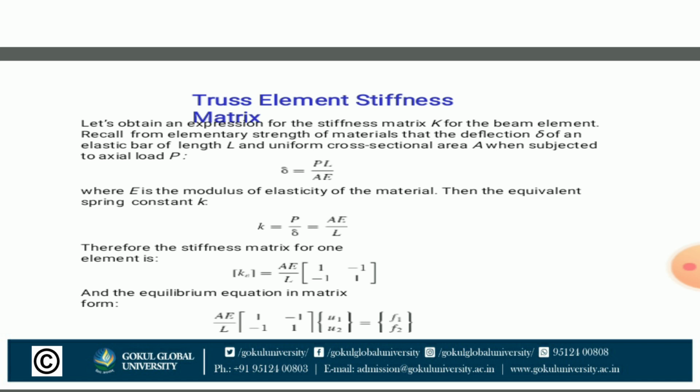So AE over L as per the equilibrium equation in matrix form: [1 -1; -1 1] times u1 and u2, the linear displacements, equals f1 and f2, the forces on the element.